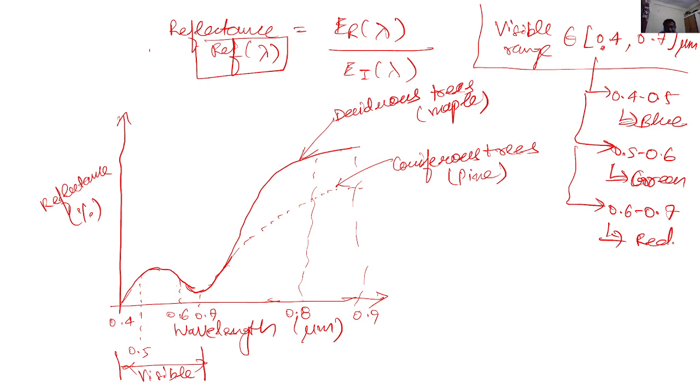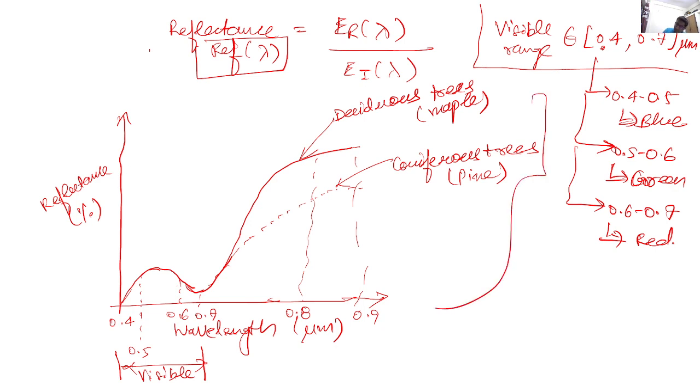Now there is an even much higher reflectance as we move from the visible range of wavelength to the near infrared range of wavelength. And we actually do see that the maxima of the reflectance curve with respect to wavelength appears in the infrared part of the electromagnetic radiation spectrum.